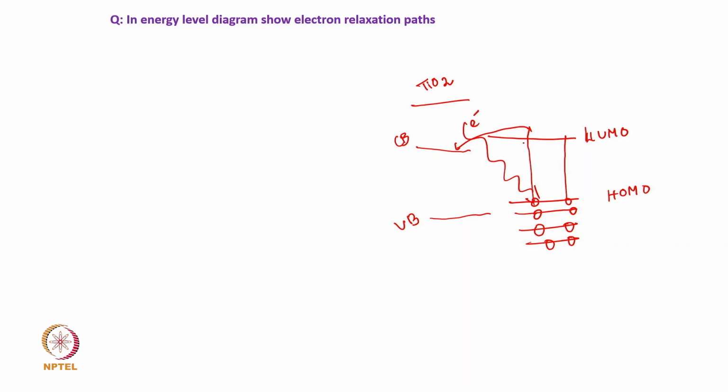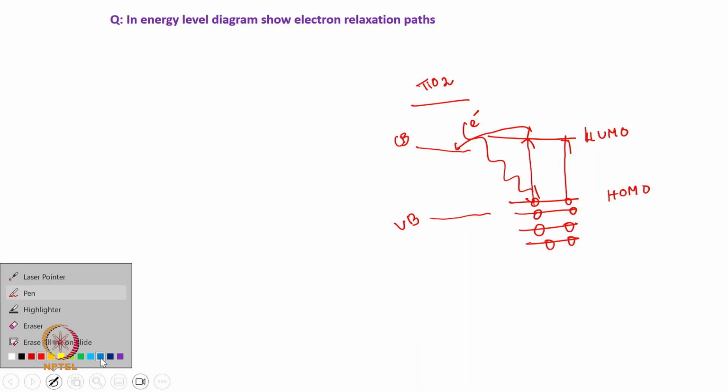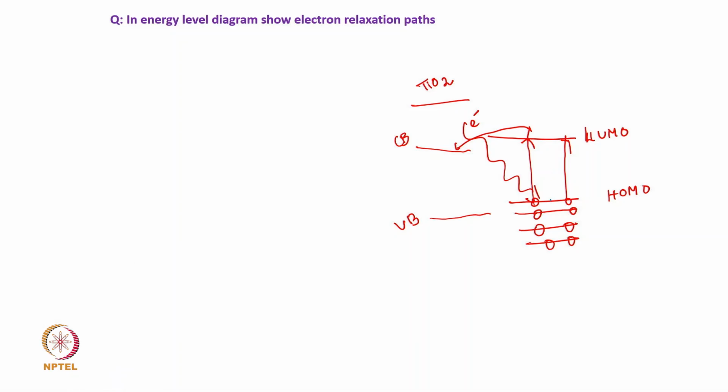So, this is a generation process, this is also a generation process, but the electron can come back from here, from LUMO to HOMO. So, this is one path of relaxation or recombination. In another way, this electron from the conduction band can directly come to the HOMO state.